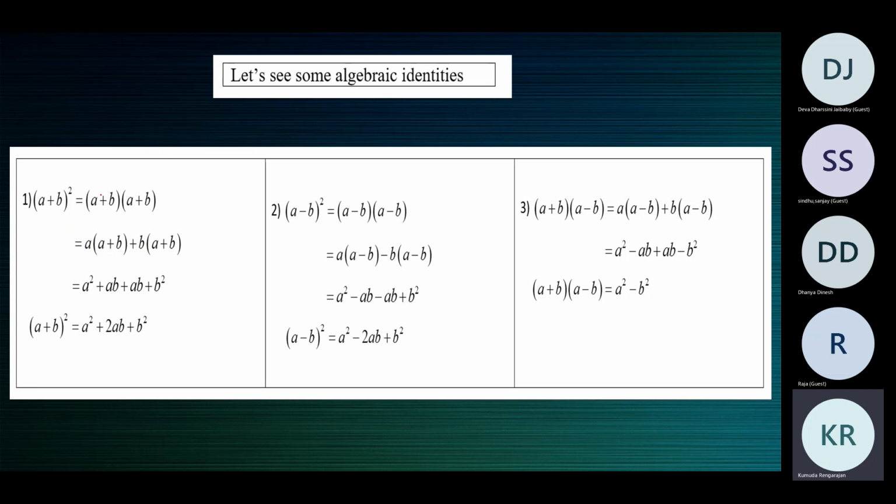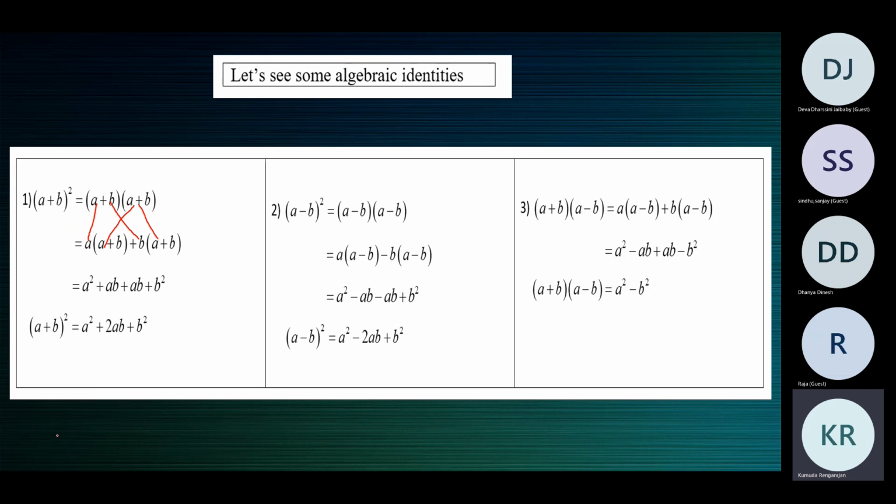So first term, second bracket, second term, second bracket. This we have already understood earlier, the multiplication of expressions, or multiplication of a monomial with a binomial and a trinomial. We have seen this earlier. So this is the first step.